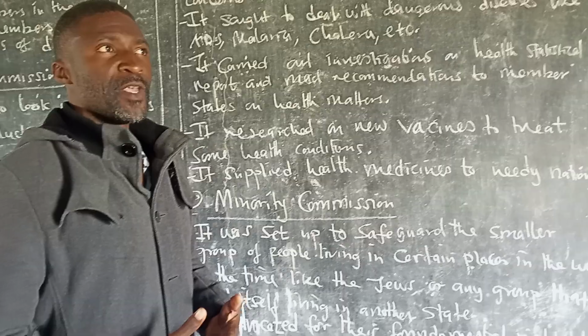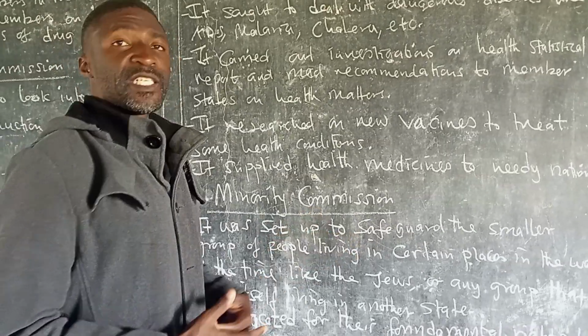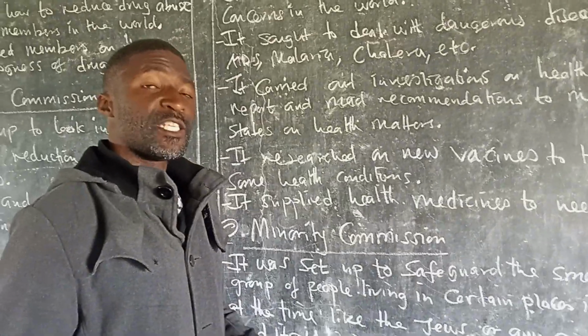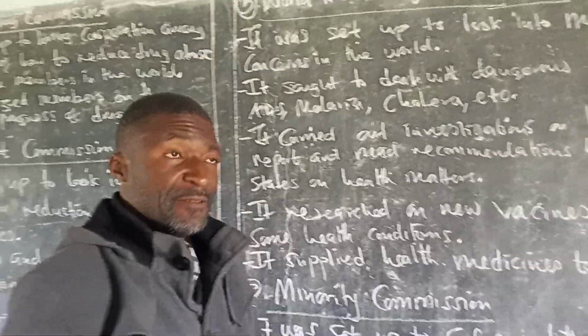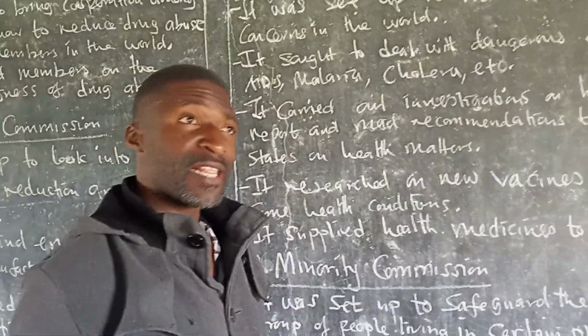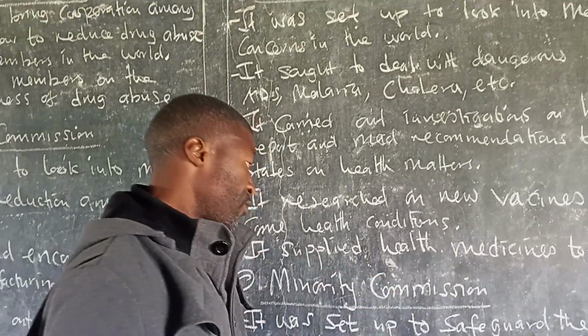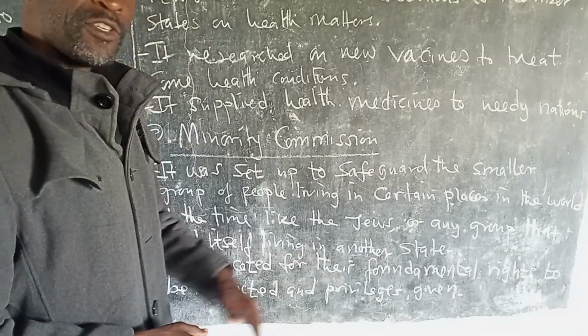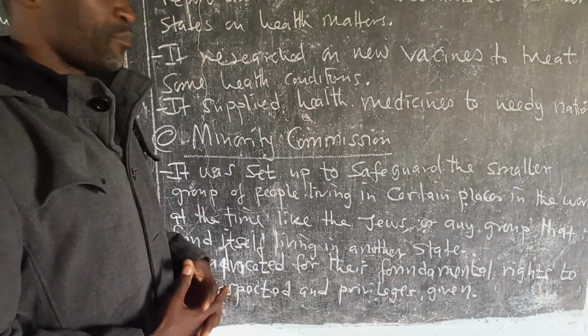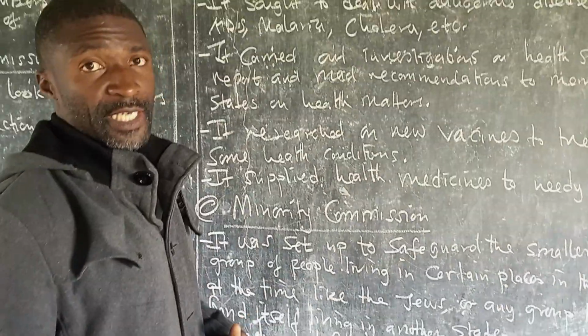So, for example, if the League of Nations felt that the LGBTQ community should be protected while living in Zambia or indeed in other parts of the world, that was the Commission's job, to ensure that the fundamental rights and privileges of these people are indeed protected.